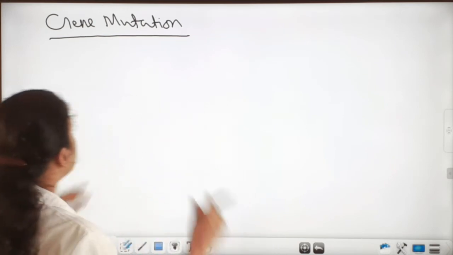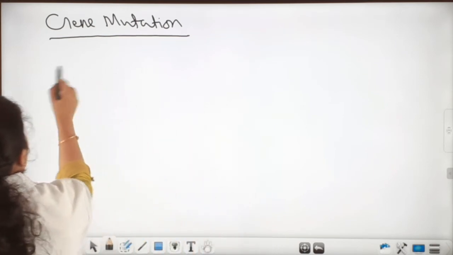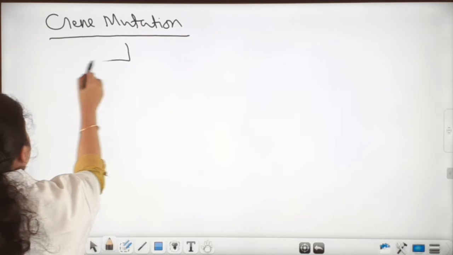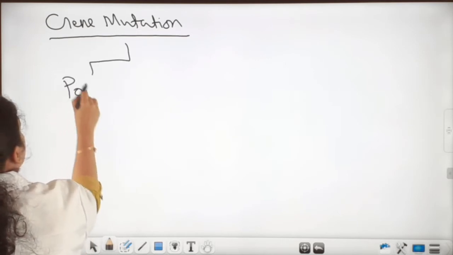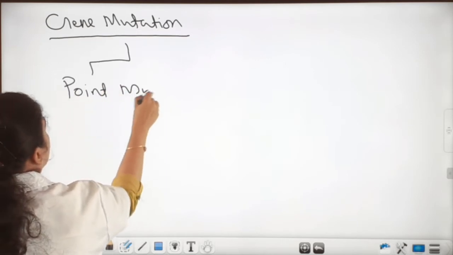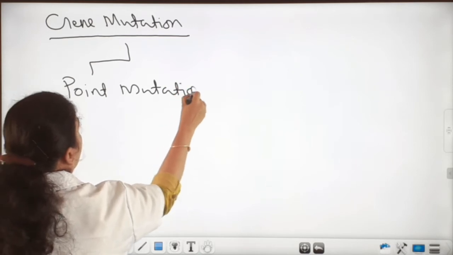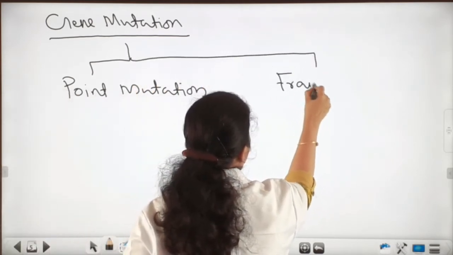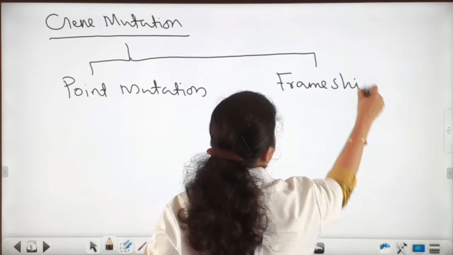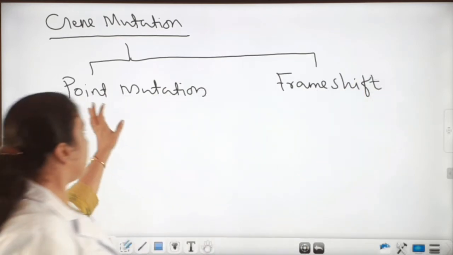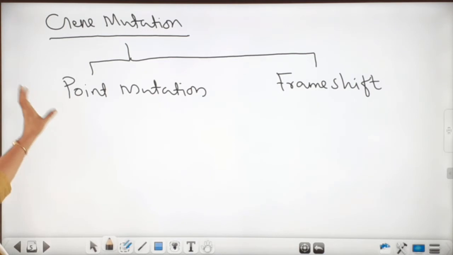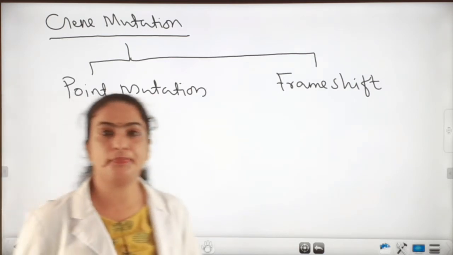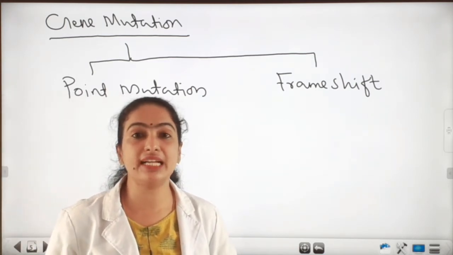Okay, and this gene mutation is of two types, that is point mutation and frame shift mutation. Here, point mutation occurs due to the change in the single base pair.